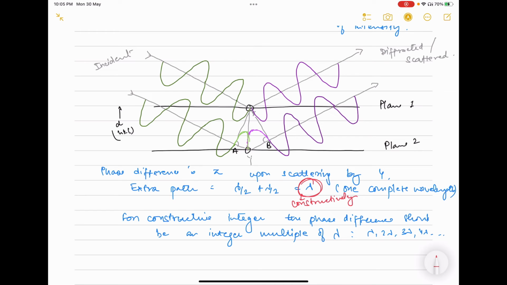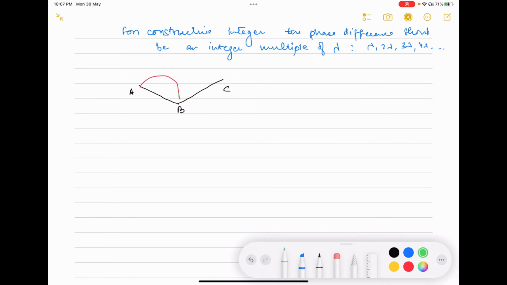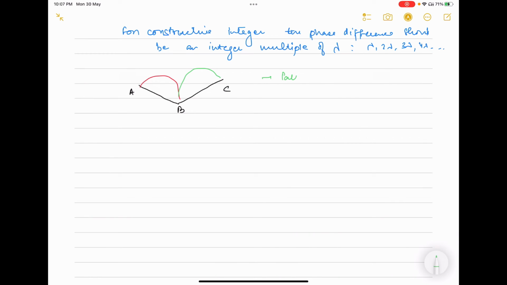Okay. So this is constructive interference. So if the path difference is lambda, suppose this is your A, B, C and your path difference is just lambda, then this is called first order reflection.